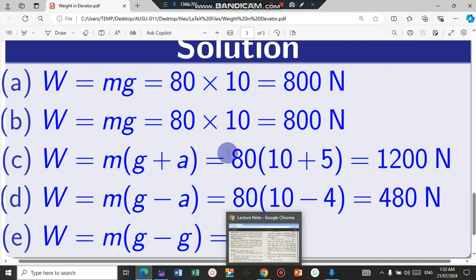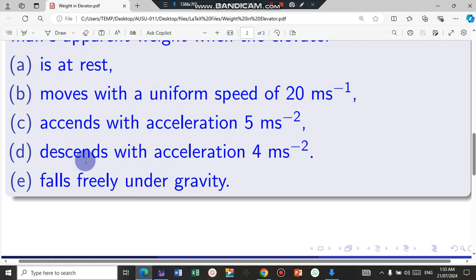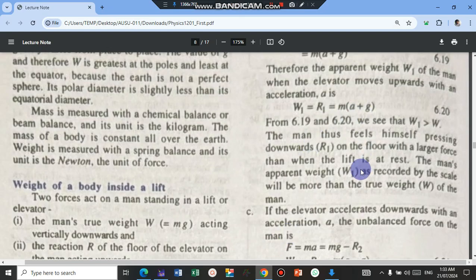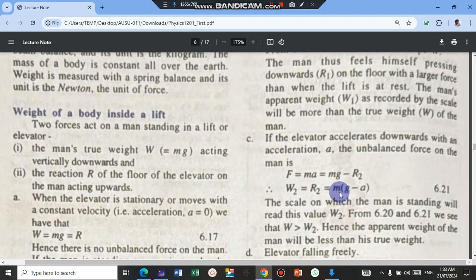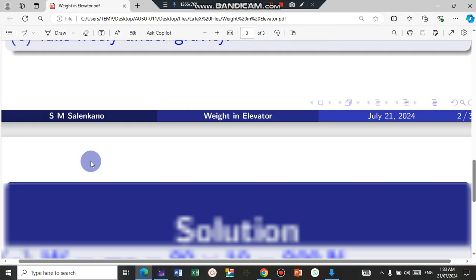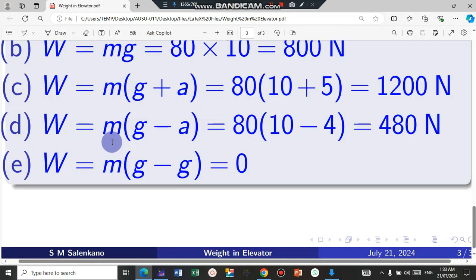Okay, next they say when the elevator descends with acceleration 4 meters per second squared. If you go back to the material, when the elevator is descending, the formula is m into g minus a. So you take that formula and use it here. Weight equals m into g minus a, and then you have mass as 80 and g is 10 minus the downward acceleration 4.